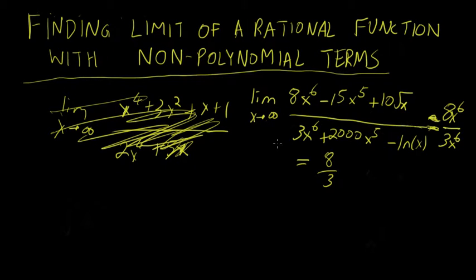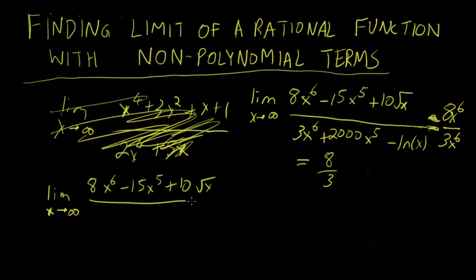But if you didn't see that, then what we can do is what we did with some of the other rational functions, and that's dividing both the numerator and denominator by the highest power of x. So I'm just going to rewrite this here so you can see it. It's 10 root x divided by 3x to the 6th plus 2000x to the 5th minus ln of x.